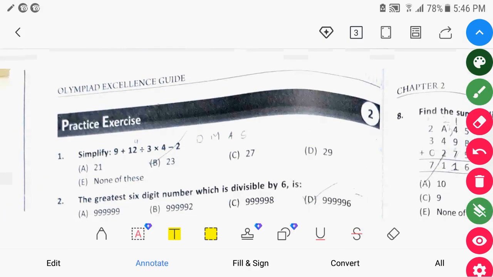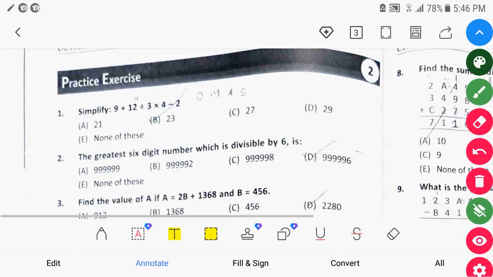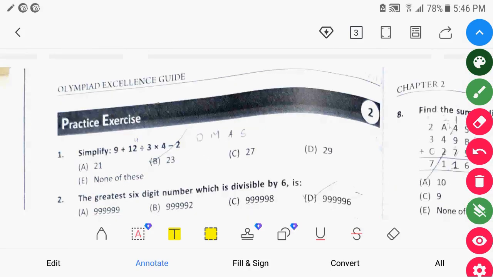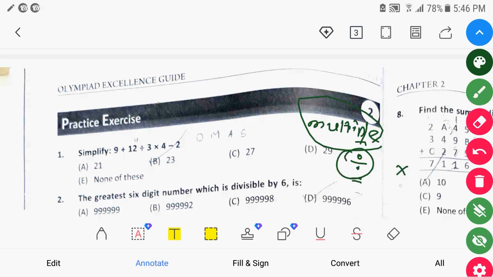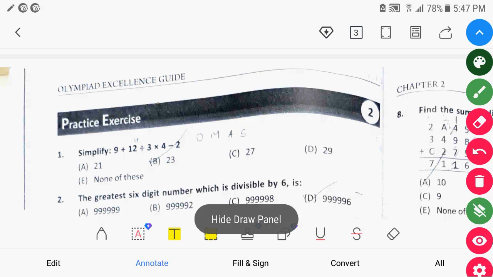One more thing I forgot to tell you: if there are multiple operations to perform, then always do the division first, then multiplication, then addition, and then subtraction. The sequence is like this only.